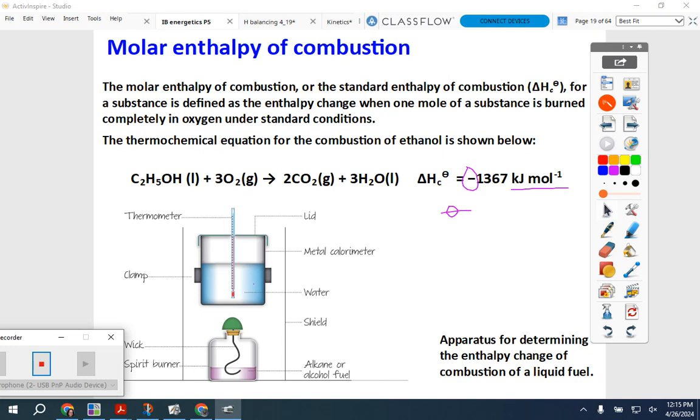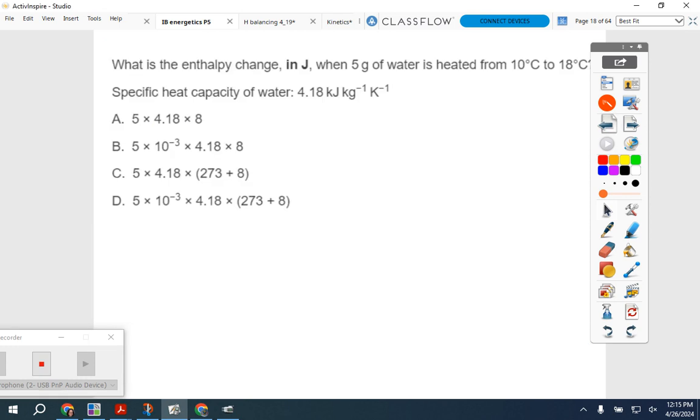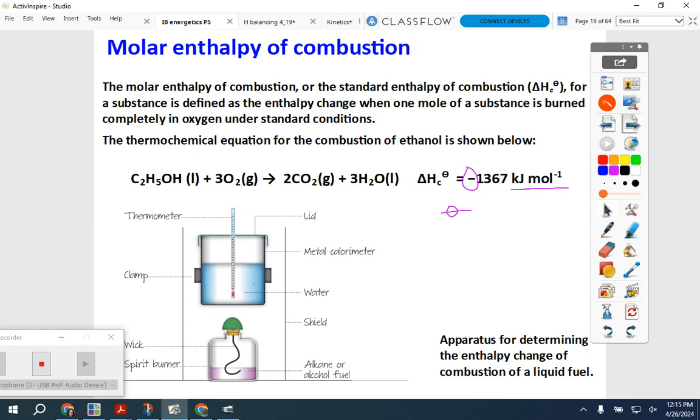Yesterday, we had just finished talking about finding enthalpy change. We talked about the enthalpy of combustion experiment, how we can burn a fuel and measure the temperature change of the water in order to calculate our enthalpy.